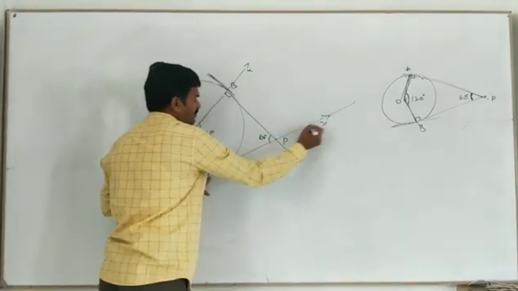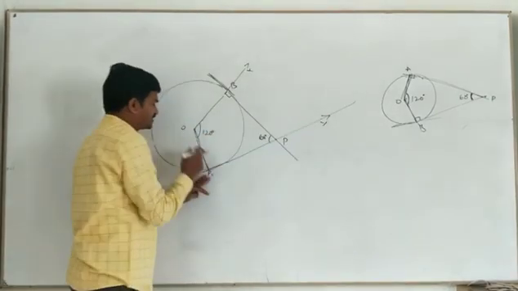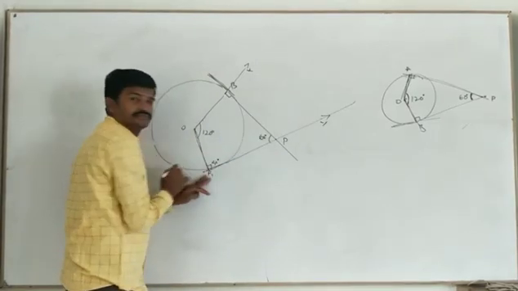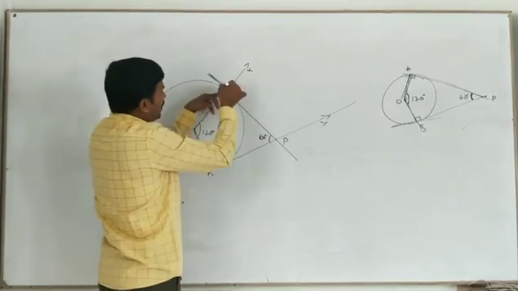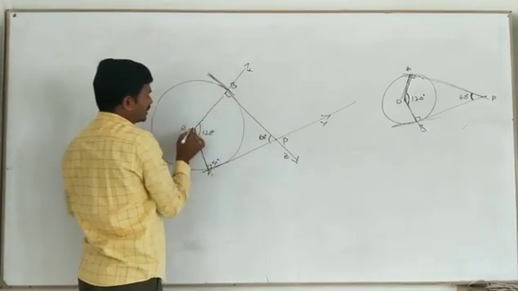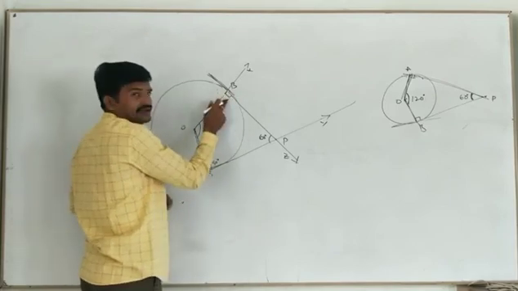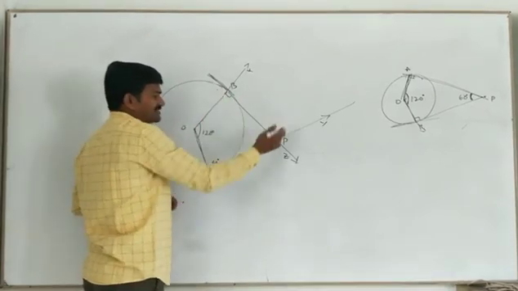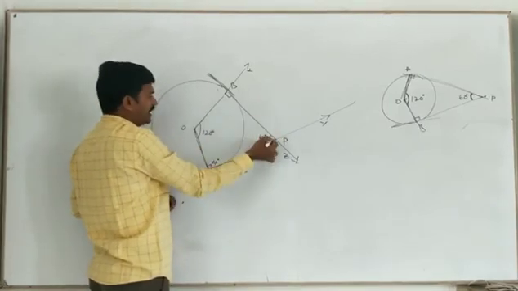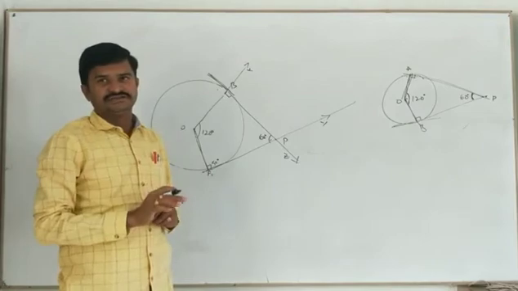This is Y you can give. Draw an angular ray AY such that angle OAY equals 90 degrees. And draw another angular ray BZ such that angle OBZ equals 90 degrees. These two rays intersect at one point named P. Now PB and PA are our required tangents.